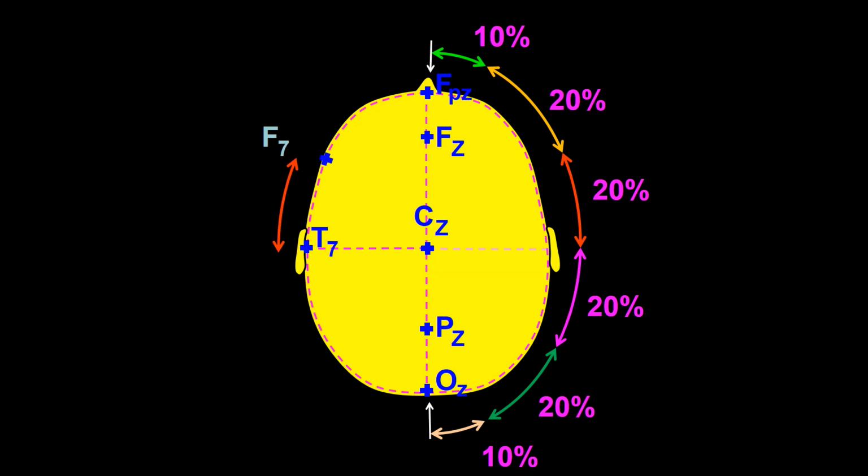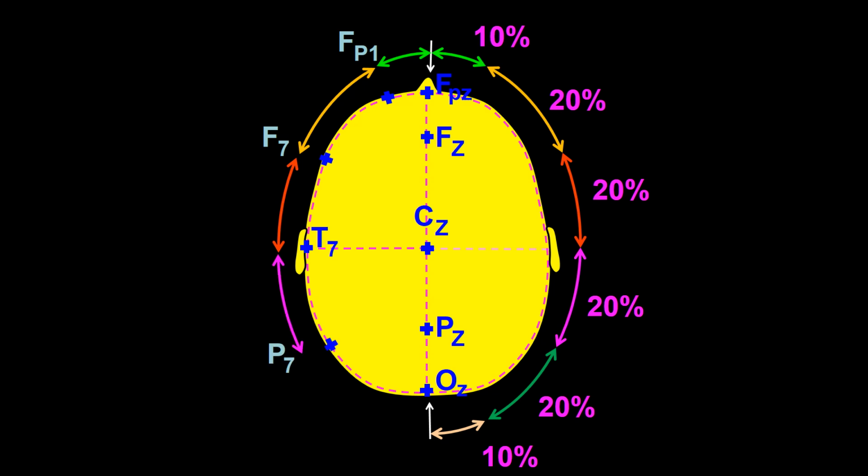On this side, going forward, we measure 20% and mark the site for F7, 20% more to place FP1, and make certain we are left with 10% of the distance of half the head circumference between the site of FP1 and FPZ.